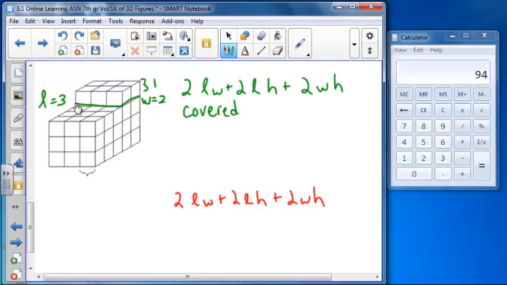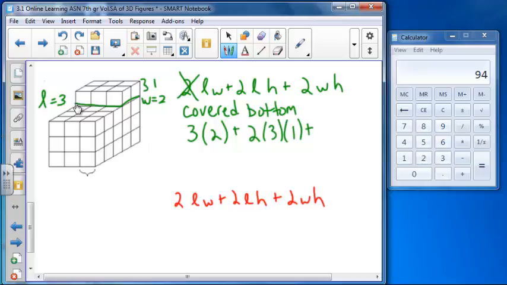Number 4. Find the surface area of this rectangular prism. The surface area formula is given here. Let's call the height 4 inches, the length 7 inches, and the width 2 inches. We'll substitute into the formula: 2LW plus 2HW plus 2LH.